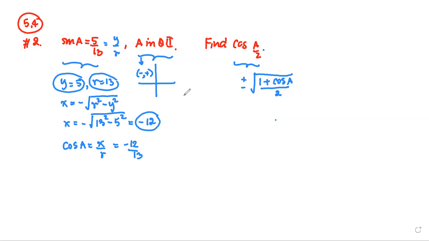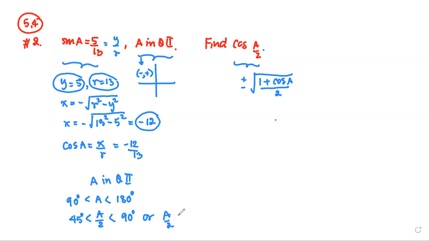Next, we're going to analyze the angle A. Since A is in the second quadrant, A will be between 90 degrees and 180 degrees. Therefore, A over 2 is between 45 degrees and 90 degrees, so A over 2 will be in the first quadrant.